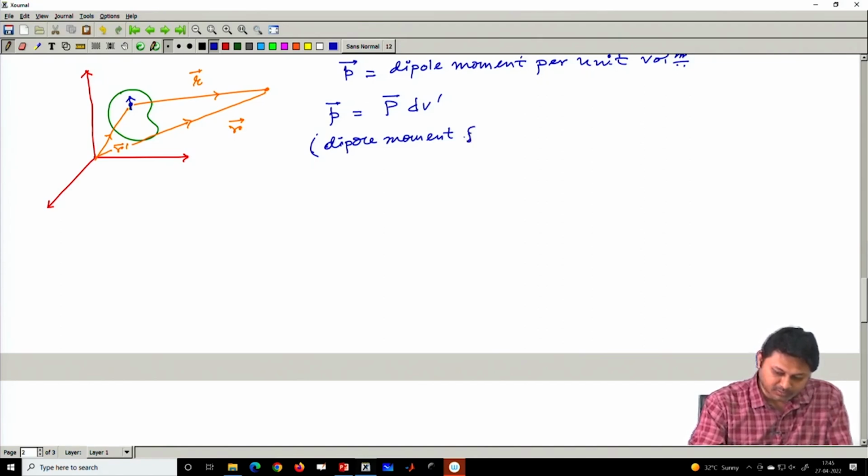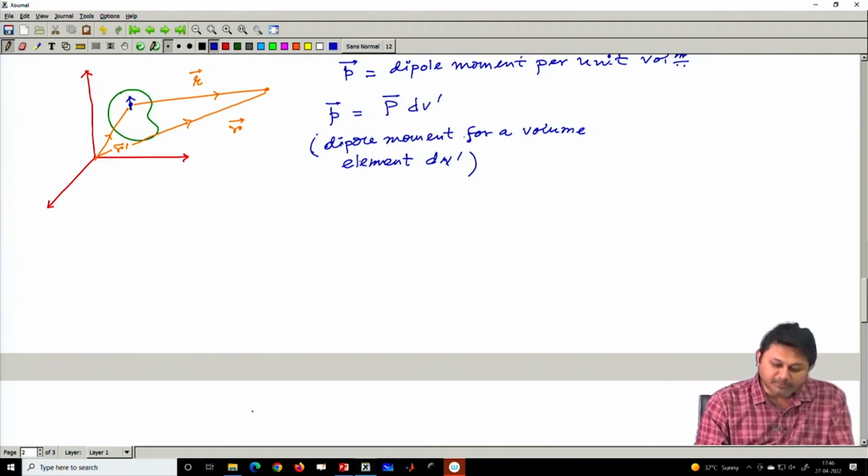Small p is the dipole moment for a volume element dV prime. Small volume element, this is the dipole moment I have. If I want to find the dipole moment per unit volume, then I need to divide by that.